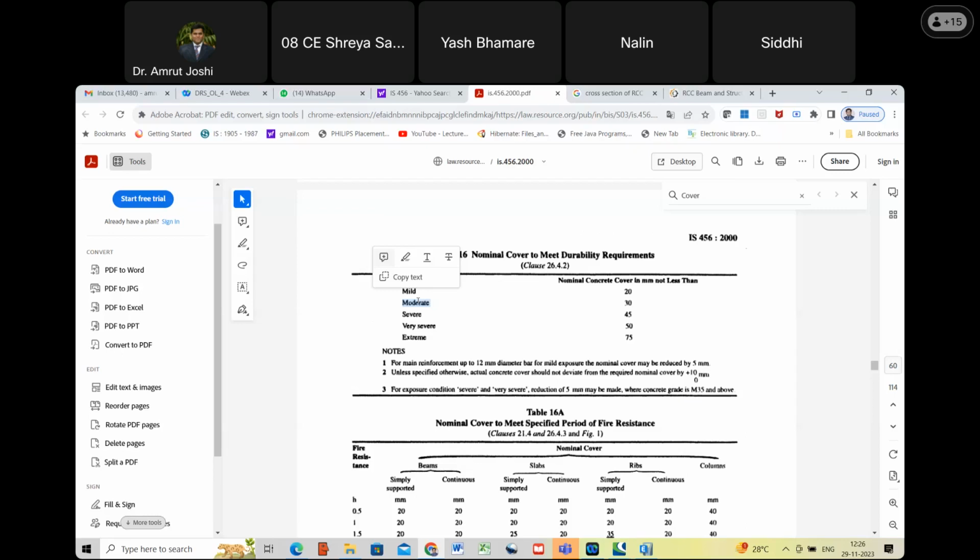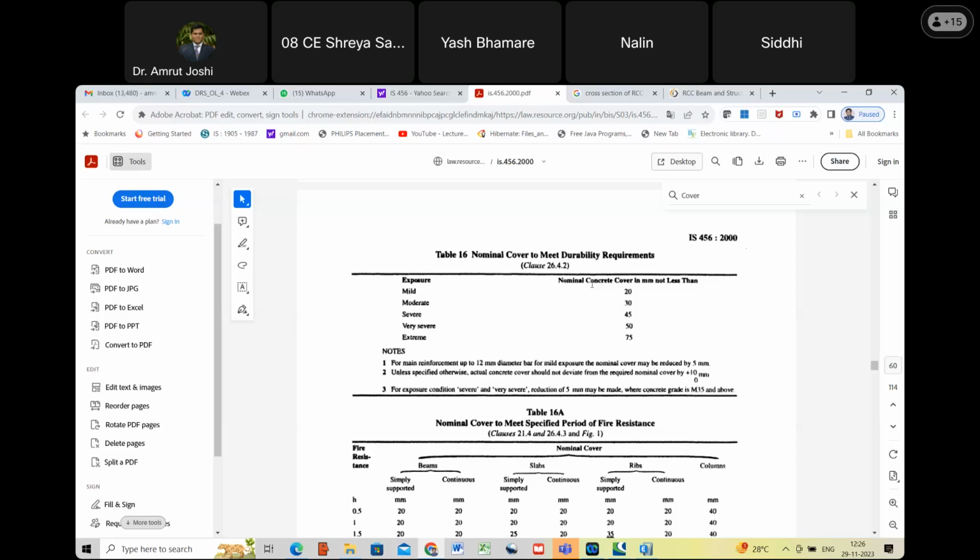So in such situations, the exposure condition becomes more and more severe. Are you with me? Yes, sir. But we are going to consider either mild or moderate. So let us consider mild exposure condition in our case. Are you with me? Yes, sir.